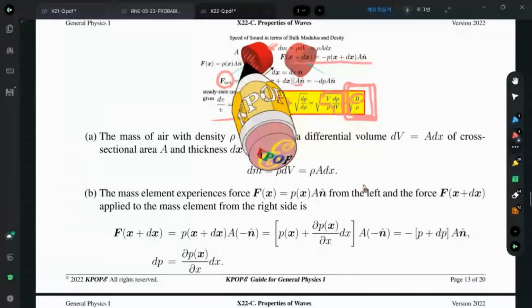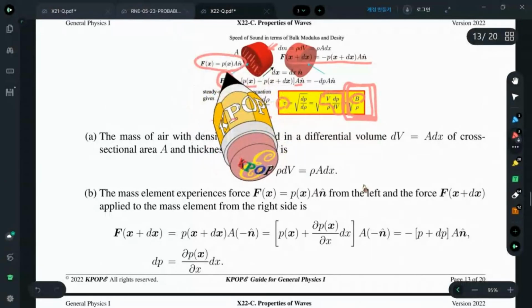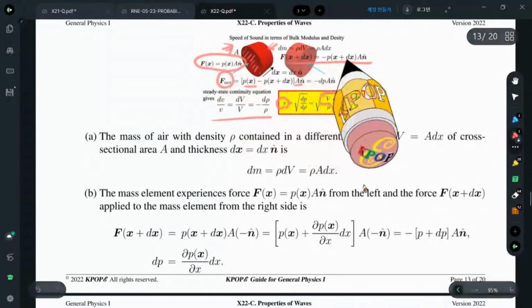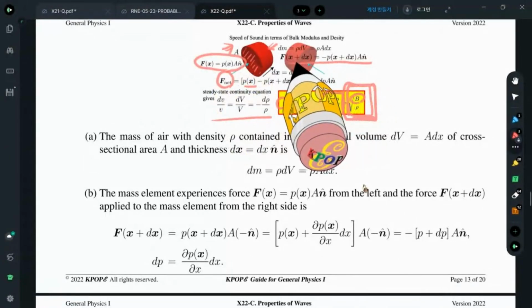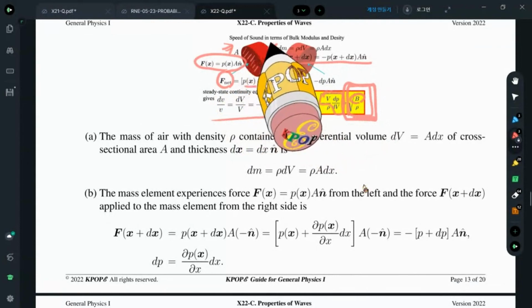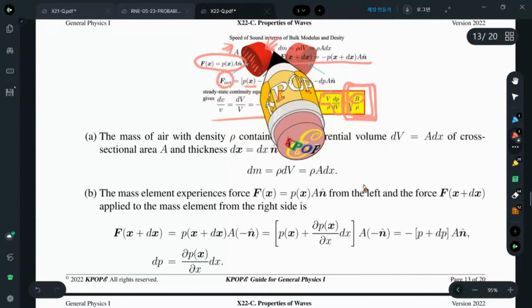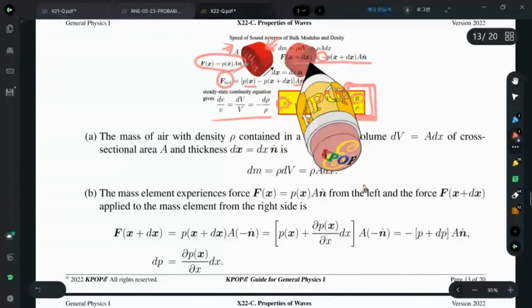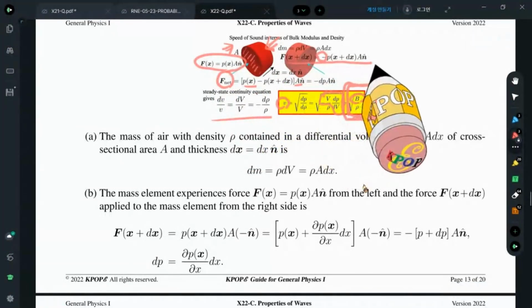So F net is the sum of this force on the left side that is applied in this direction, and this one is the force applied to the right side, so that is applied to the left direction. That's the reason why we have a negative sign on it.